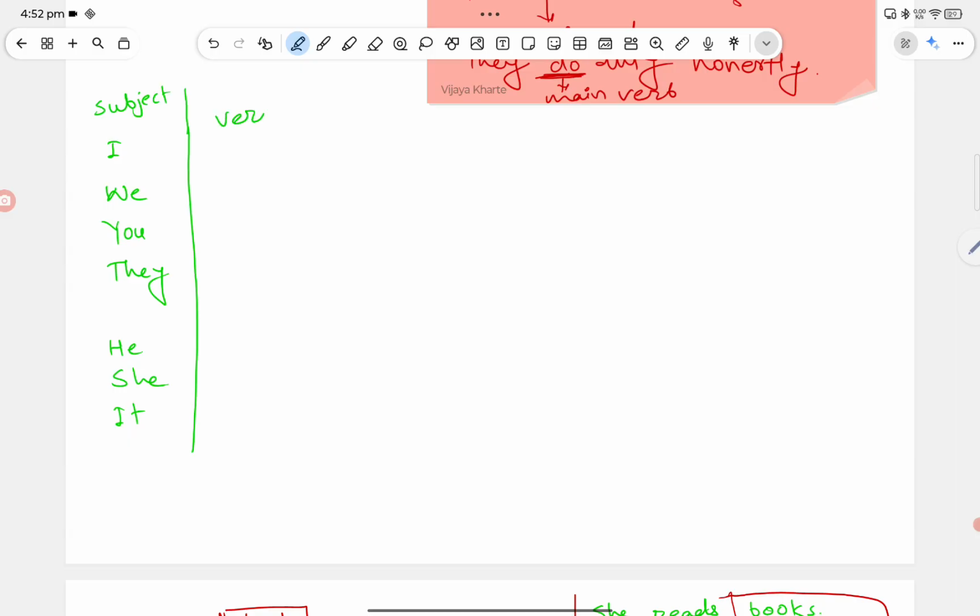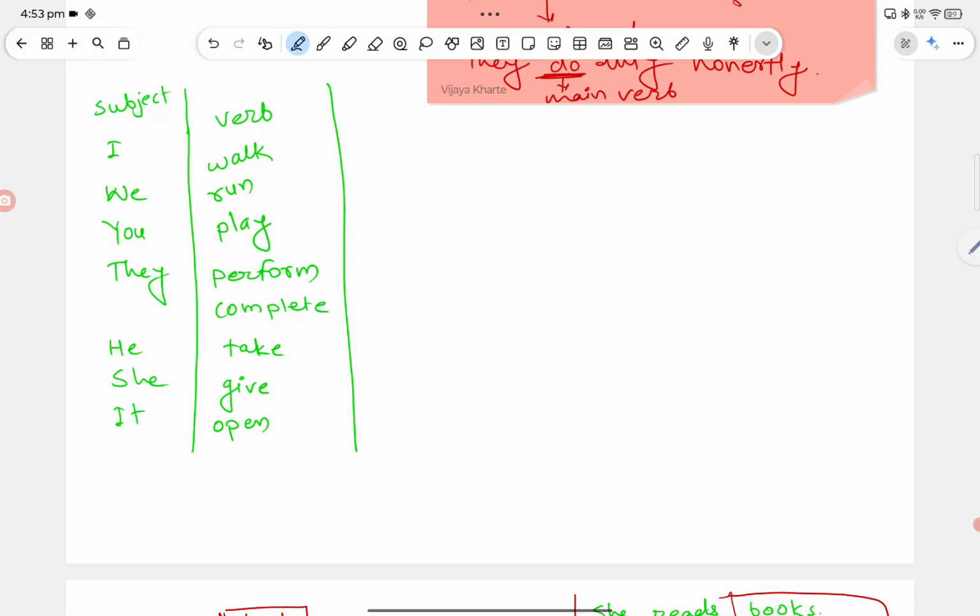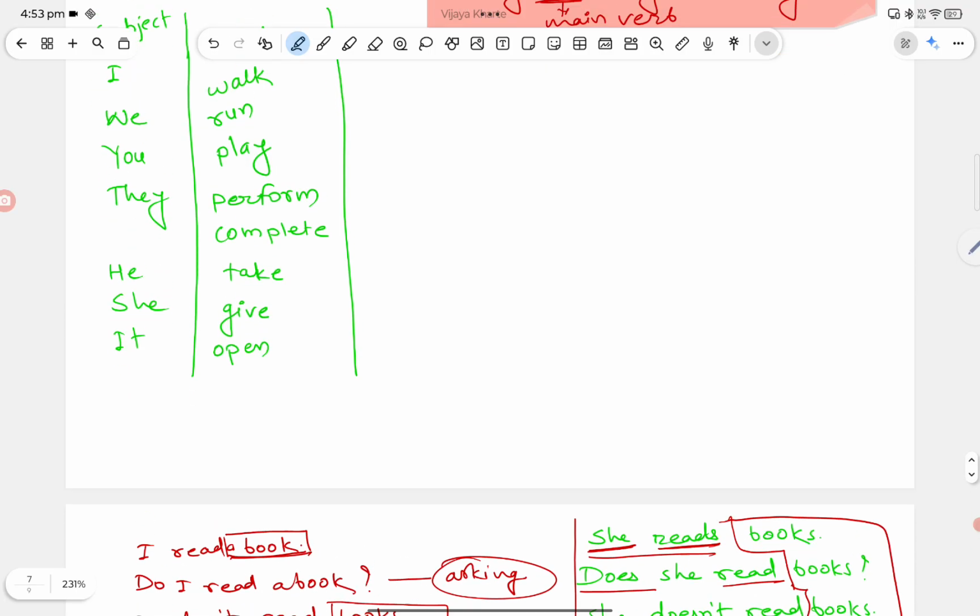Now we'll use verbs: play, perform, complete, take, give, run, walk, open. Then we'll use objects as per our choice. Let us start the sentences.